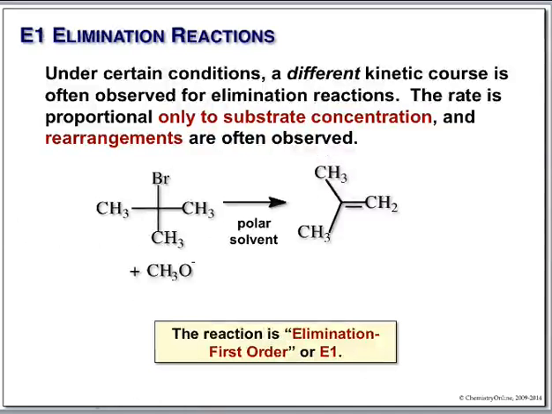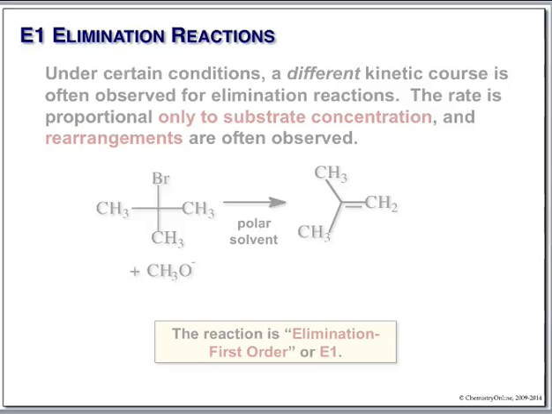The reaction would look like this. This is going to pull off a hydrogen. Polar solvents are going to promote it because we want E1 or unimolecular kinetics. And the slow step is going to be pulling off the bromine.